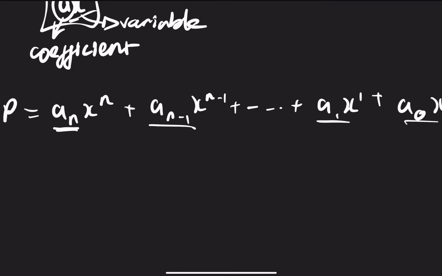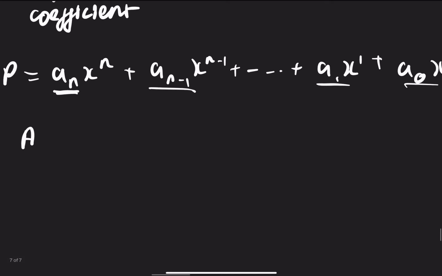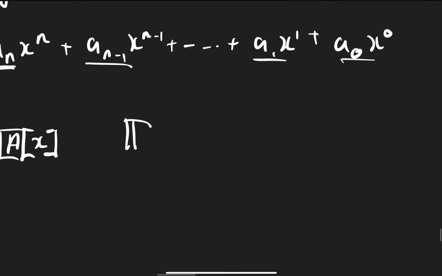And they will usually write it like this: let's say we have a set A, and they will write A square brackets x to denote the set of all polynomials with coefficients inside set A. So for example, they may say R square bracket x.